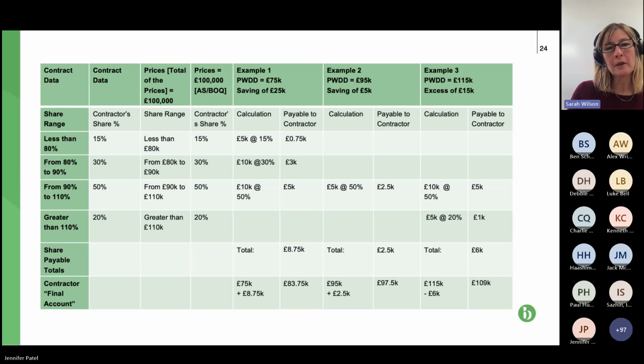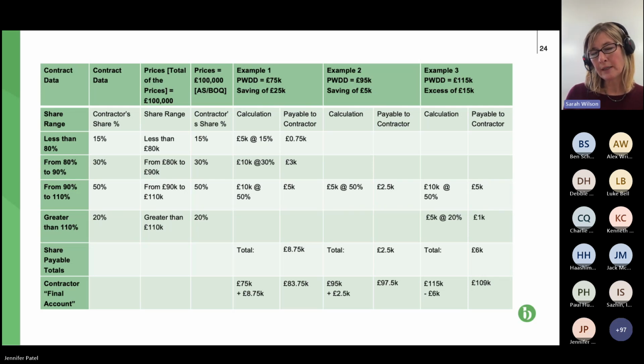So we've basically got £5,000 that is between 75 to 80,000, within this share. So that's the 80% in our contract data, that far left-hand column. And the contract data, the second left-hand column, says that the contractor's share is 15%. So 15% of the 5k is 0.75k.